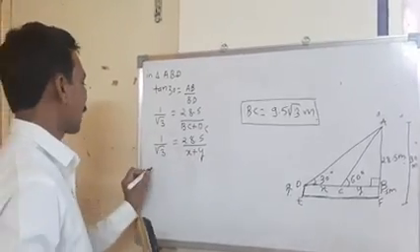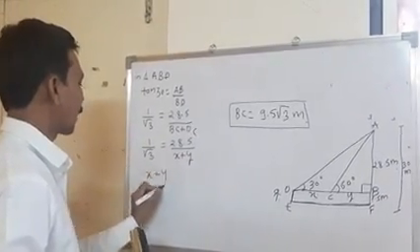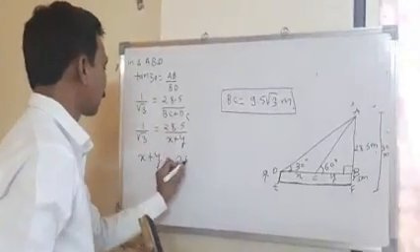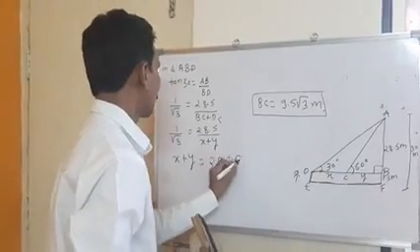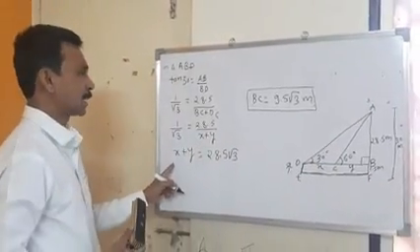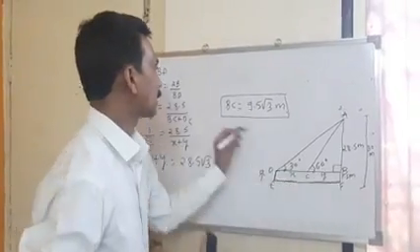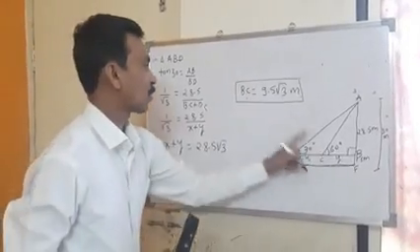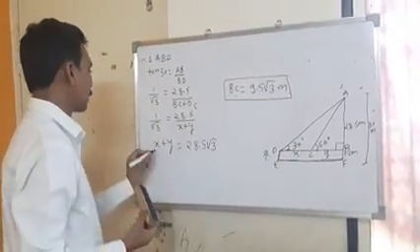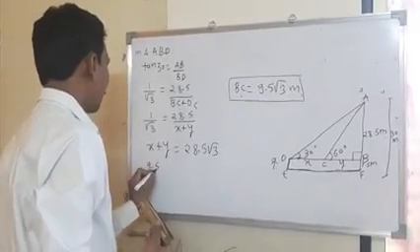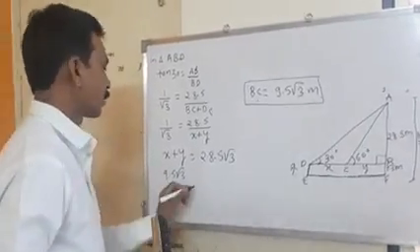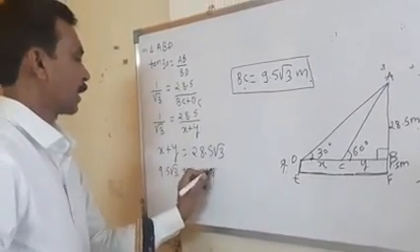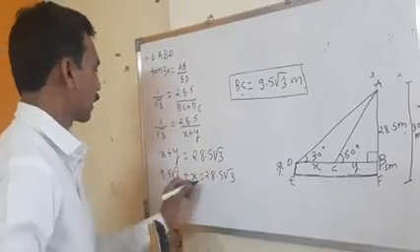x plus y is equal to 28.5 root 3. BC means what? Y. So Y is what? 9.5 root 3. So 9.5 root 3 plus X is equal to 28.5 root 3.